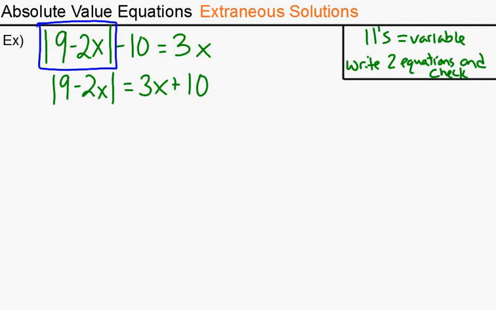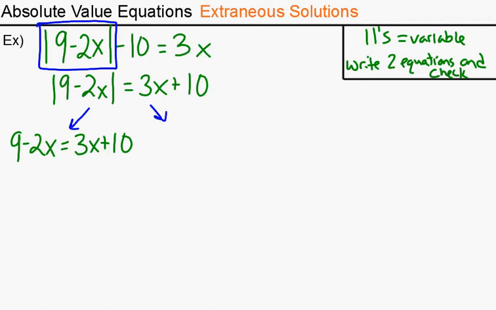So I'm going to follow the same pattern I did in terms of breaking this up into 2 equations. The first one is going to be everything I see, 9 minus 2x equals 3x plus 10, everything I see except the absolute value bars. So in other words, the inside has to equal the right-hand side.